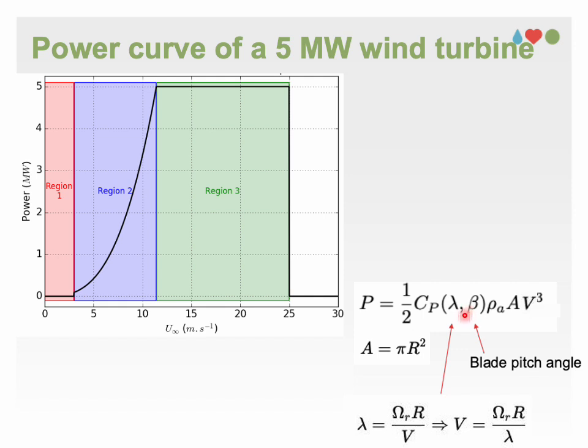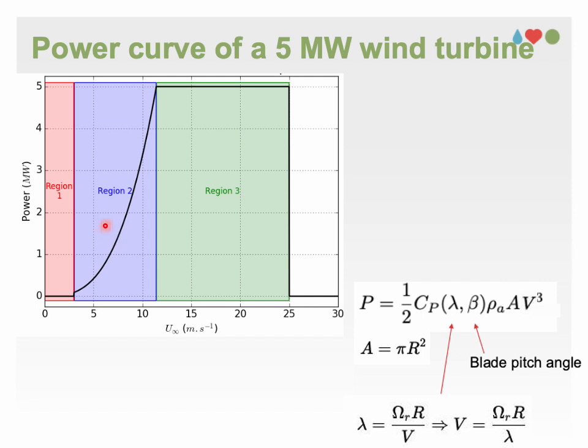Lambda is defined by the linear speed of the rotor, omega R, multiplied by the radius of the rotor swept area, divided by the relative wind V. In region 2, the controller adjusts generator torque and rotor speed so the turbine could extract as much energy as possible from the wind.